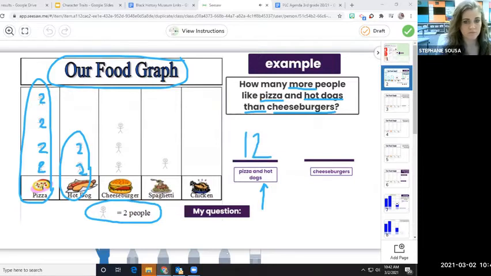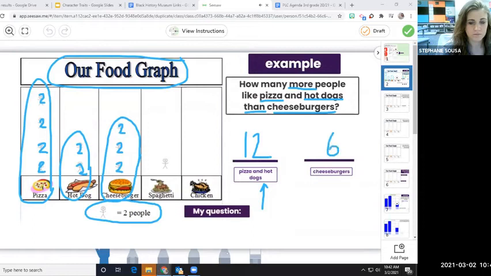Now we're going to compare it to cheeseburgers. How many people like cheeseburgers? 2, 4, 6. 6 people said cheeseburgers were their favorite food. So now we're going to compare. I can tell that 12 is greater than 6, but how many more?